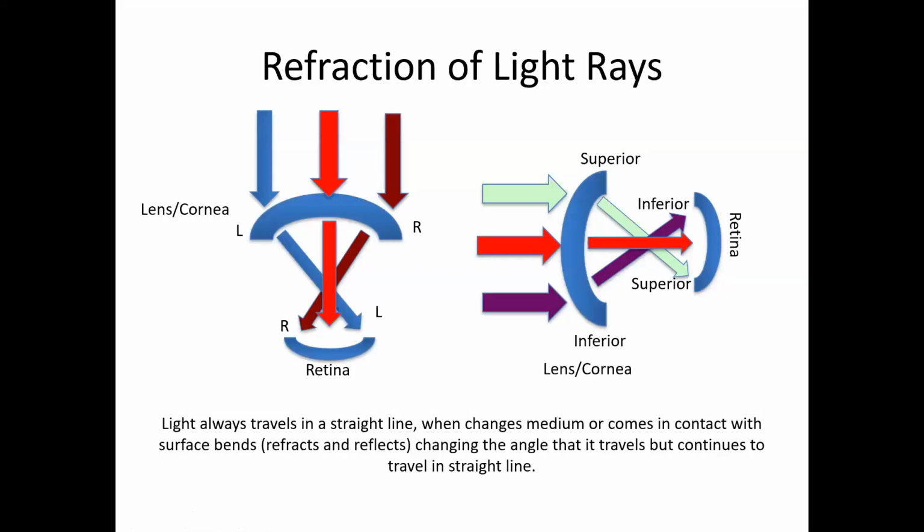Meaning that the superior visual field is actually going to be received on the inferior aspect of the retina, and the inferior aspect of the retina becomes the superior visual field retina. Whereas the inferior side of the visual field will be received on the superior side of the retina, which become the inferior receptor region of the retina.